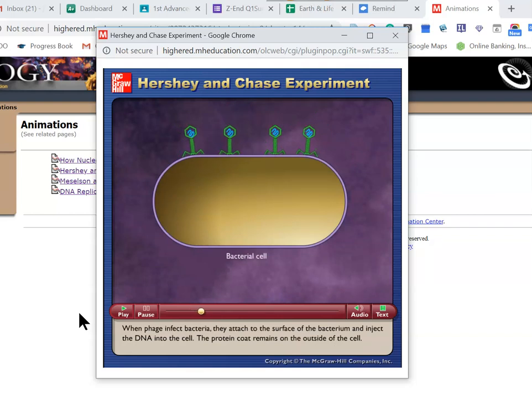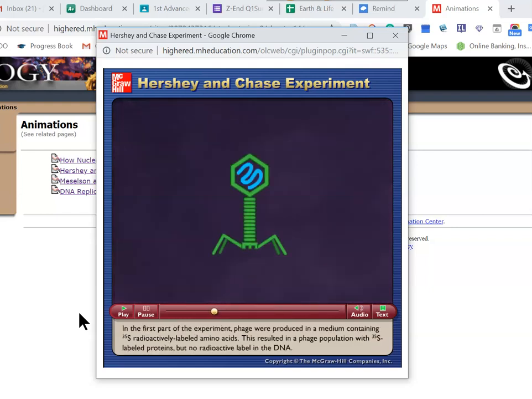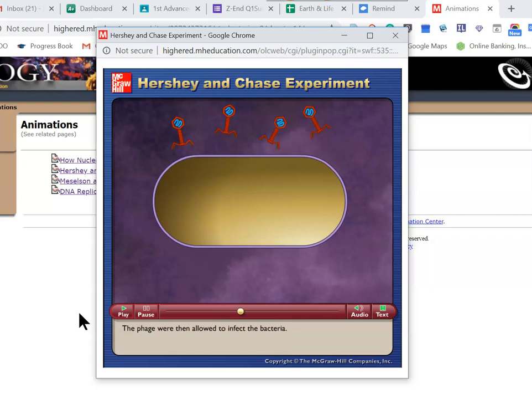When phage infect bacteria, they attach to the surface of the bacterium and inject the DNA into the cell. The protein coat remains on the outside of the cell. In the first part of the experiment, phage were produced in a medium containing S35 radioactively labeled amino acids. This resulted in a phage population with S35 labeled proteins, but no radioactive label in the DNA.